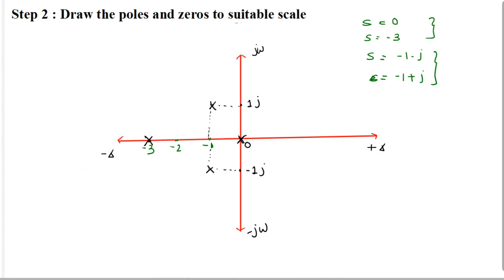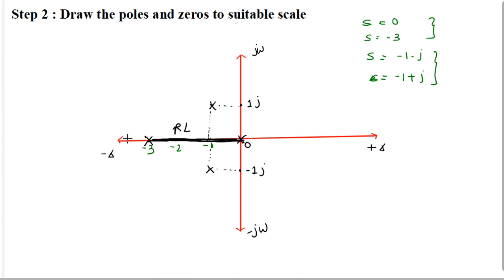That means in this portion root loci is present. That is the root loci portion, because from minus 3, on the right side you can see that there is only one pole, which is an odd number. And if we go here, this will be an even number, minus 3 and 0.